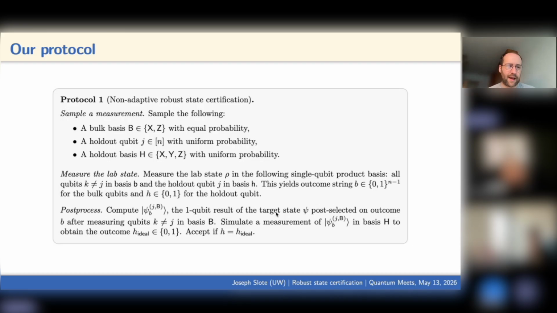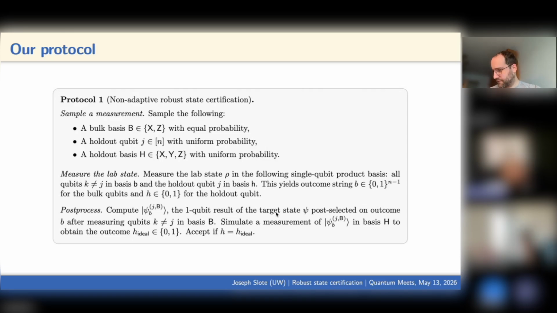It's not complicated, it's just not worth going into. The point is we simply do one measurement in this special Pauli basis, and then accept if the results are what they should be. You can think of this roughly as repeating the non-adaptive protocol from HPS, but before you do their protocol, decide whether you're working in the Hadamard basis or not with probability 1/2.